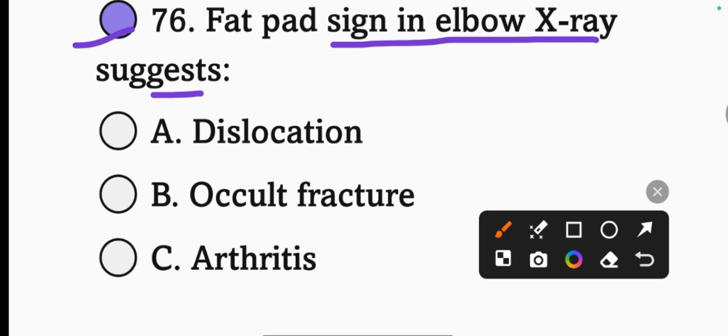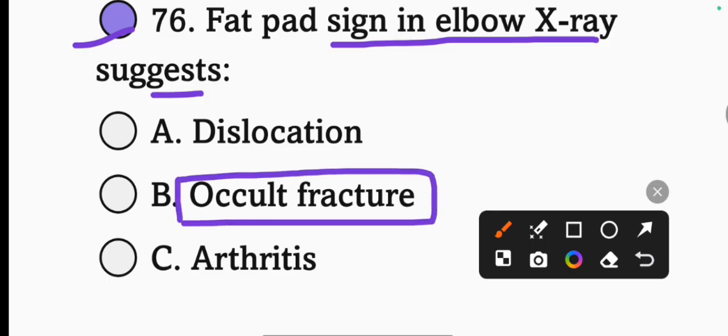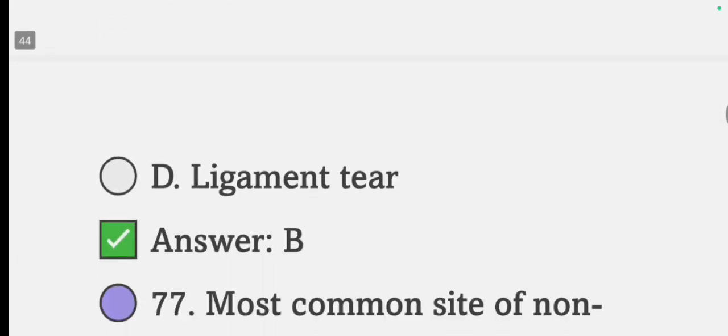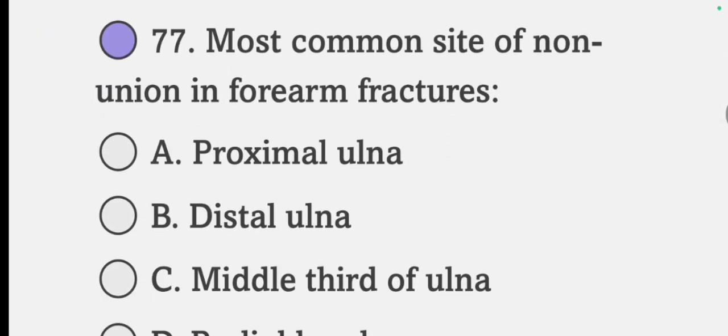Most commonly it indicates a supracondylar fracture in children, and a radial head fracture in adults. Okay, so fat pad sign in an elbow X-ray is the B option, occult fractures, called hidden fractures. Most commonly in children supracondylar fracture and in adults radial head fractures. So please note this down. Okay, the option given is the correct option.